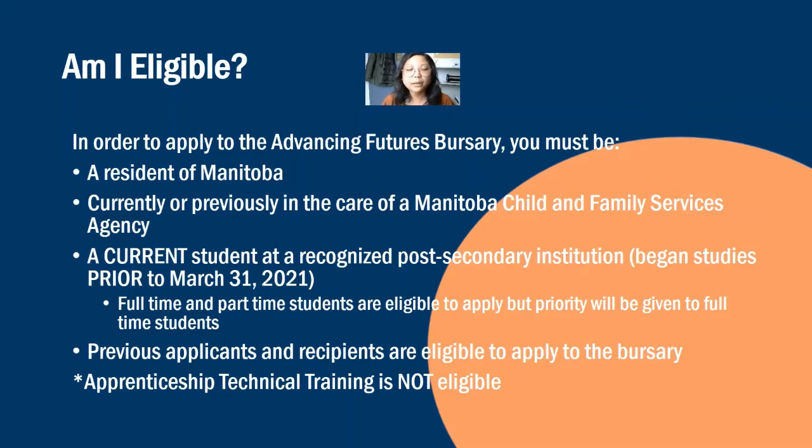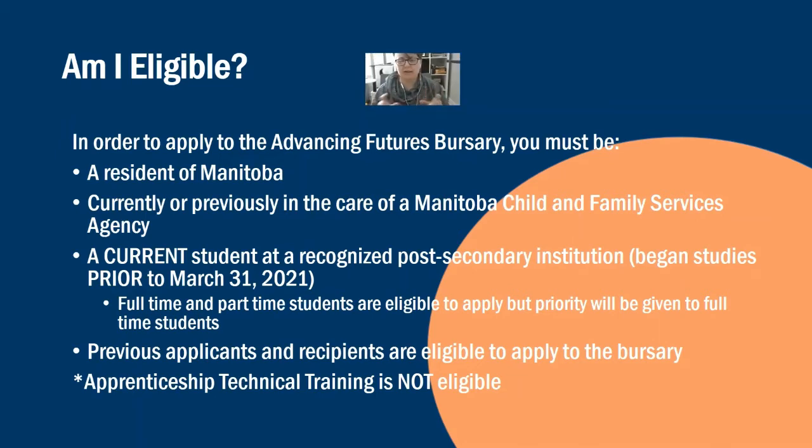But just to note, apprenticeship technical trainings are not eligible, unfortunately. So if you are earning a certificate, diploma, or an undergraduate degree, you are able to apply. Sam? Yeah, thanks.